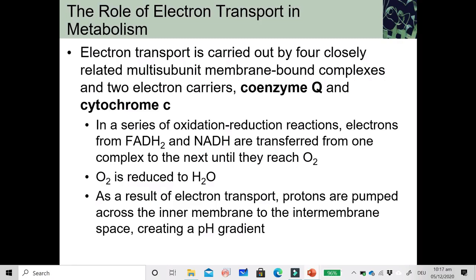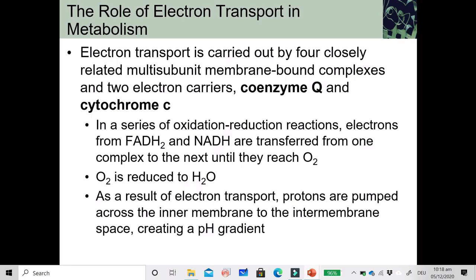relatively, I'm not going to say that they're immovable or not moving, because you already know from the fluid mosaic model that the proteins have this ability, and the phospholipids have this ability to move laterally in the cell membrane. I'm just going to say that coenzyme Q and cytochrome C are definitely more mobile, in the sense that they are smaller.